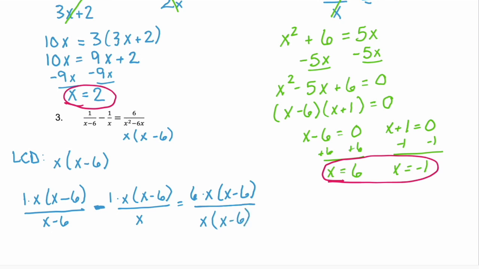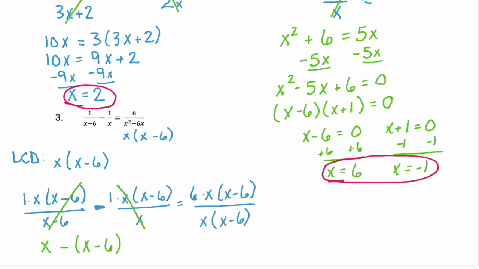Let's simplify each term first. The first term, the x minus 6's simplify out and we're left with just x. The second, the x simplifies out of the numerator and the denominator and we're left with minus x minus 6. Keep that in parentheses because we have the subtraction sign that we're going to have to distribute.